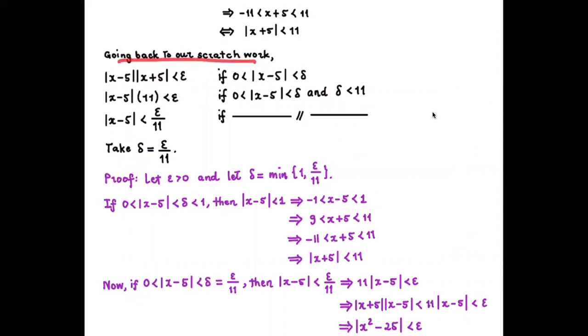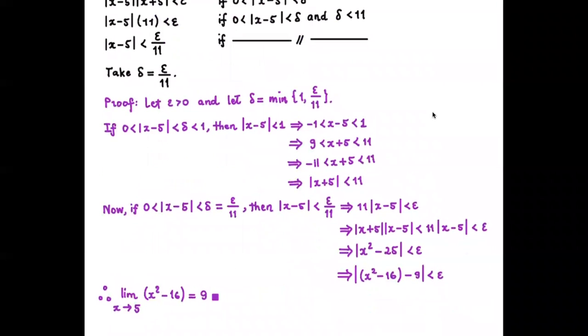So going back to our scratch work, we have the same computations. This time we now take delta to be epsilon over 11, and we arrive at our proof. Let epsilon be positive and let delta be the minimum between 1 and epsilon over 11. So the first part of the statement, delta is less than 1, and then we proceed again in the same manner.